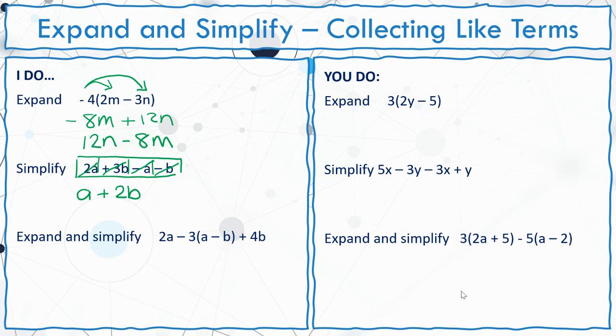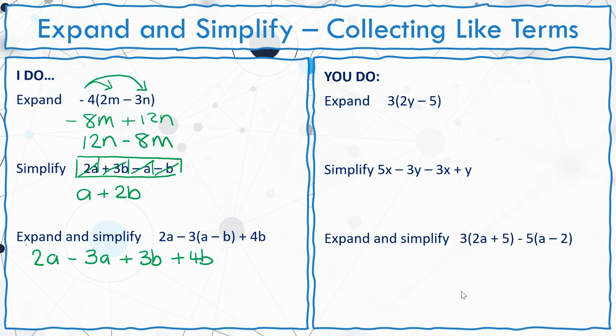That's a positive 2b. Here, we've got to expand our brackets, and then we're going to collect the like terms. So we start off with the 2a, then minus 3 times a will give us a minus 3a, and minus 3 times minus b will give us a positive 3b, and then we've got 4b on the end.